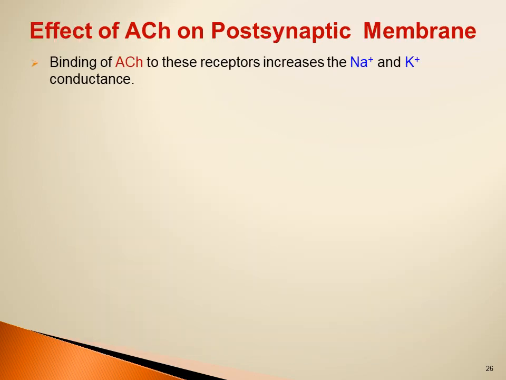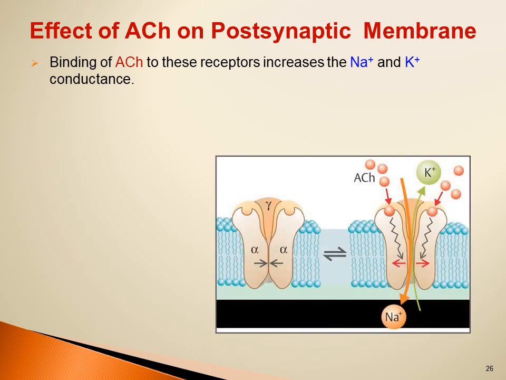The binding of acetylcholine to these receptors increases the sodium and potassium conductance of the postsynaptic membrane. As we can see here, the binding of 2 acetylcholine molecules to the binding site on the receptor will cause a conformational change, and this will open the channel and increase the conductance for sodium entry and, to a lesser extent, potassium efflux.